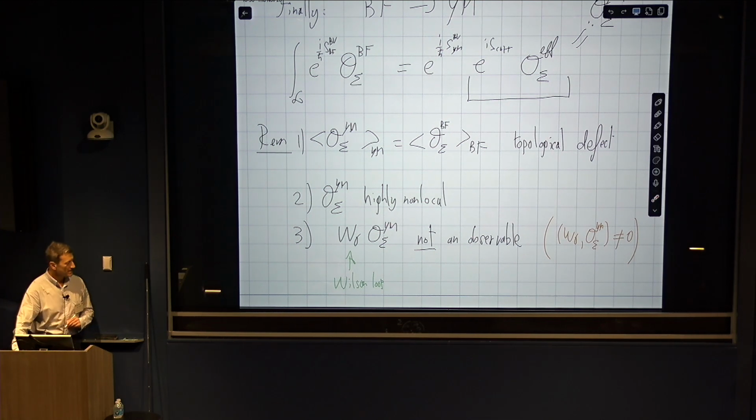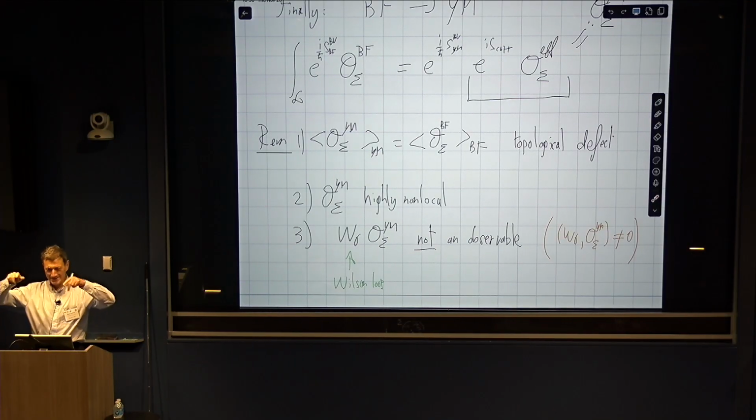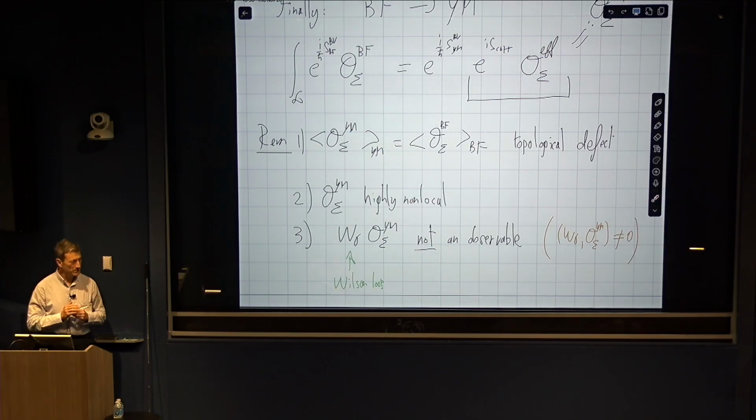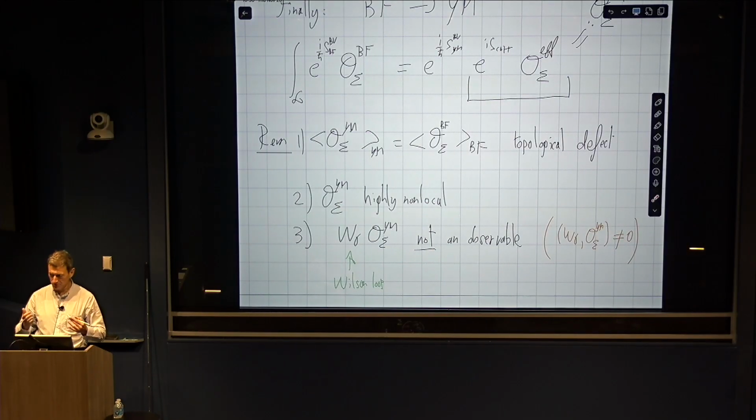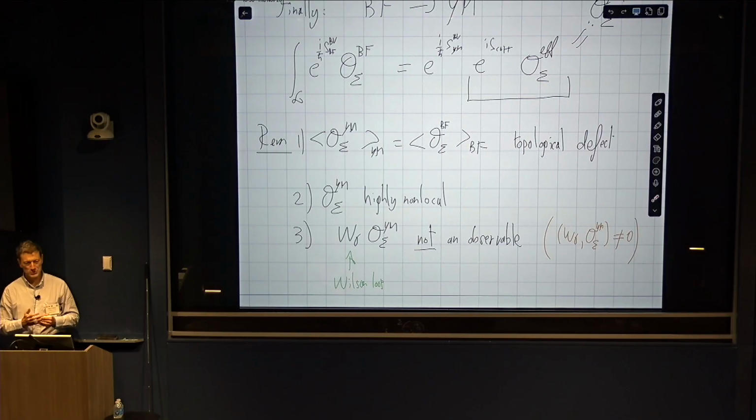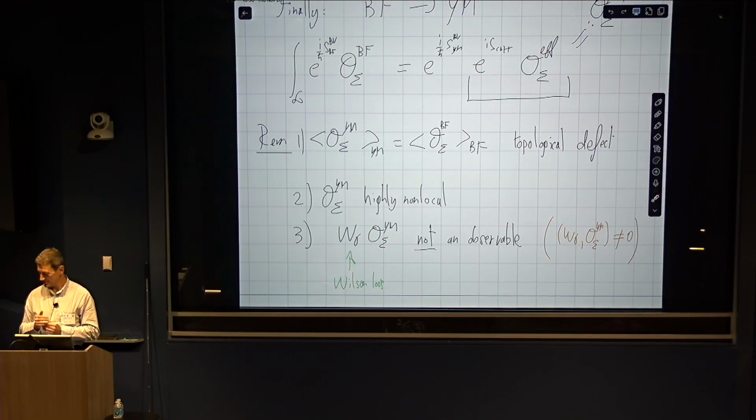Notice that in BV, observables are defined in terms of this quantum master equation, so in terms of this delta operator, which is a second-order operator. So the result is that observables do not form an algebra. The product of two observables is not necessarily an observable because the cohomology operator you use is a second-order differential operator.